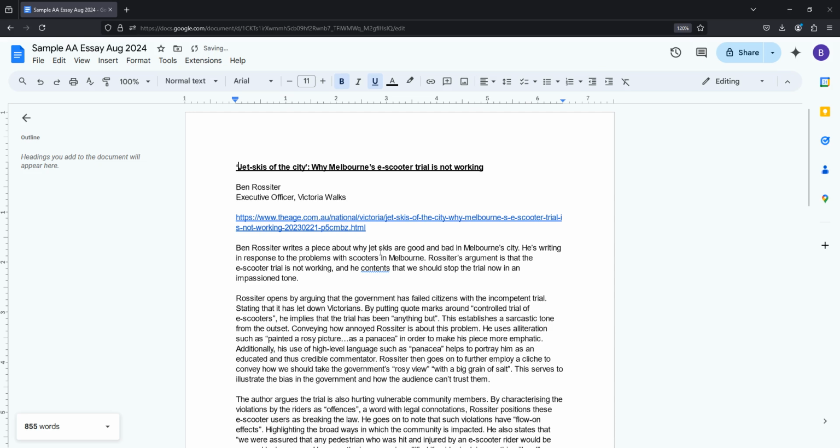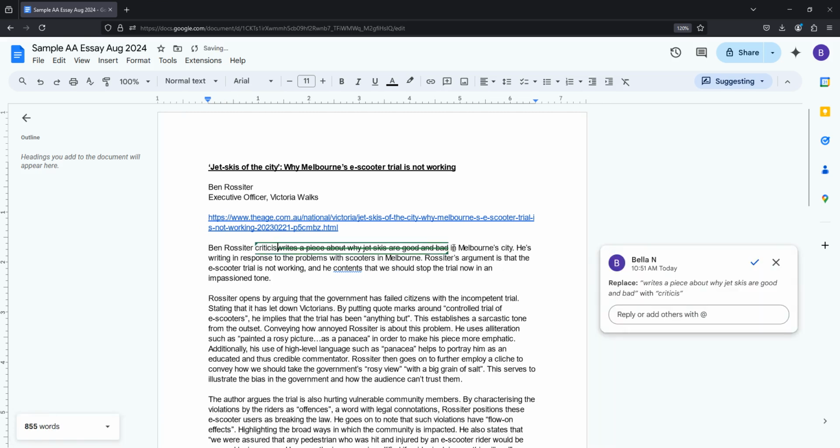So, first thing I would note here is the piece is not about jet skis, and also good and bad. It's too general. The piece is critical of e-scooters. So we'd probably want to say something instead like Ben Rossiter criticizes the e-scooter trial in Melbourne City.